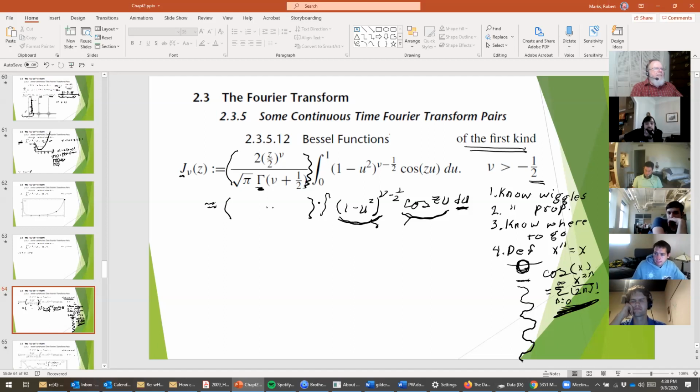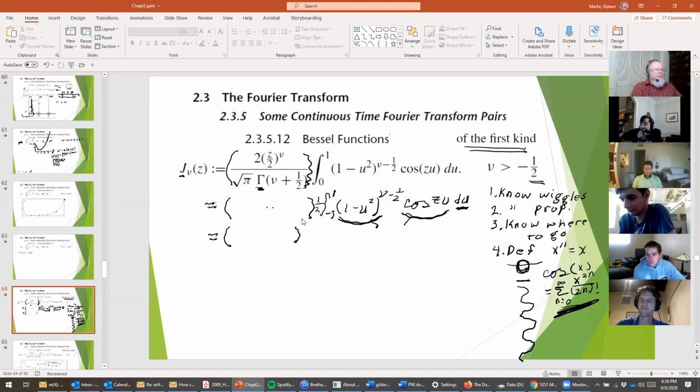So therefore, I maintain I can integrate from minus 1 to 1 and then multiply this by a half. So then take out the 2 in the numerator of the coefficient. I could, but that's too much bookkeeping for me. I'm at the end of the lecture. I'm tired of bookkeeping. But you're right.